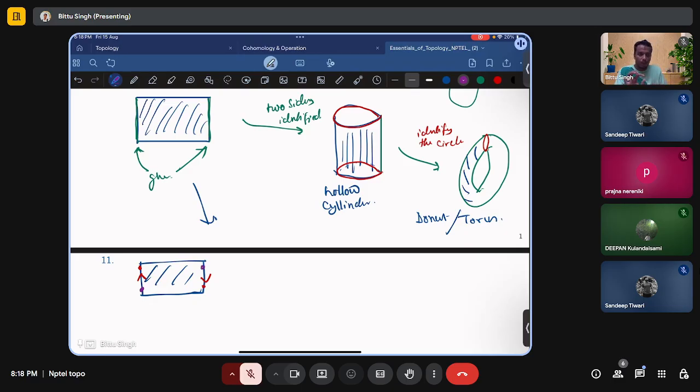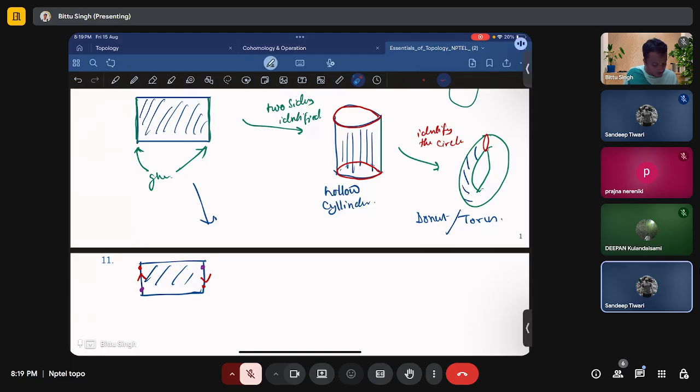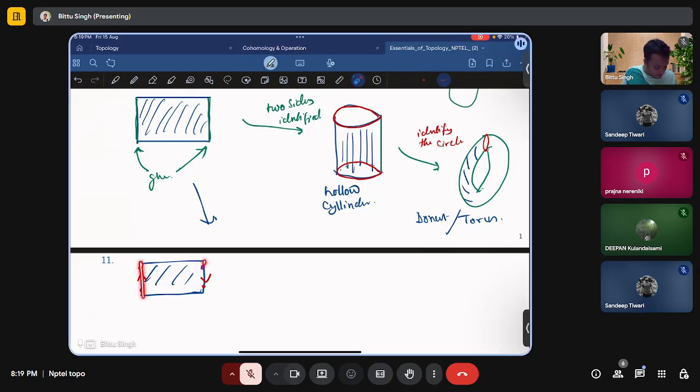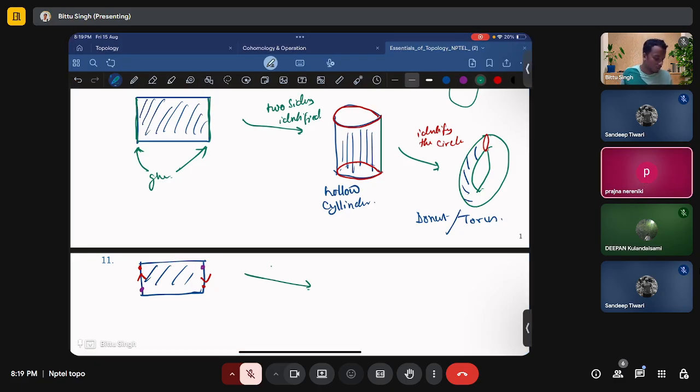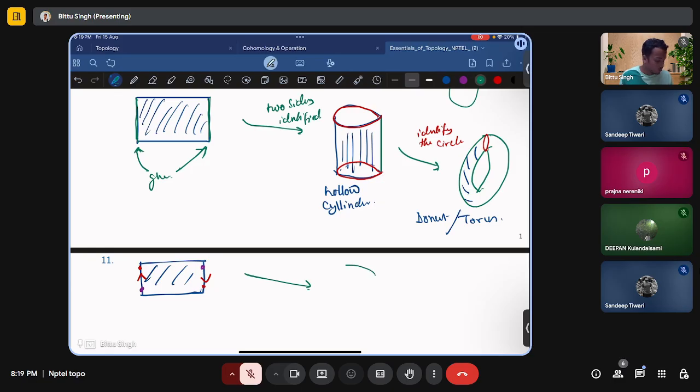That is in an opposite way. By twisting, this edge will be identified with this edge, but in the opposite direction. Now, can you guess what will be the shape? Mobius. Exactly. It will become some kind of Mobius strip.